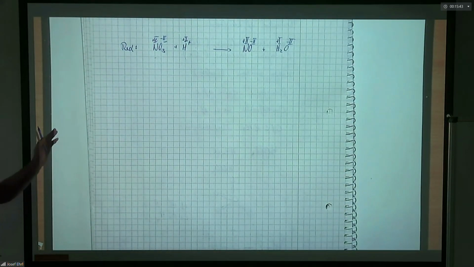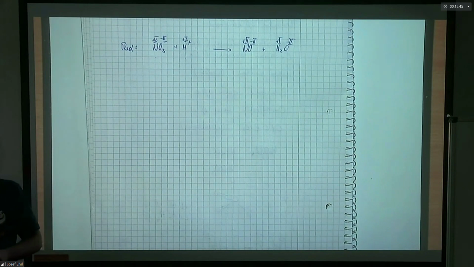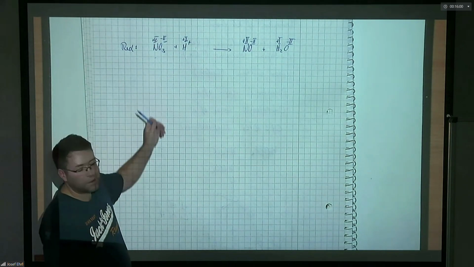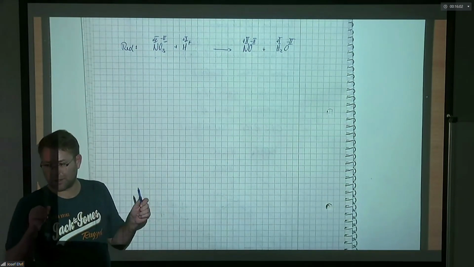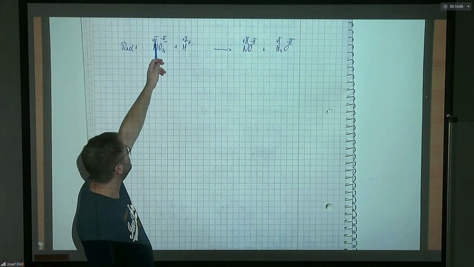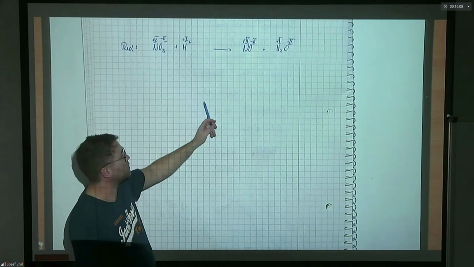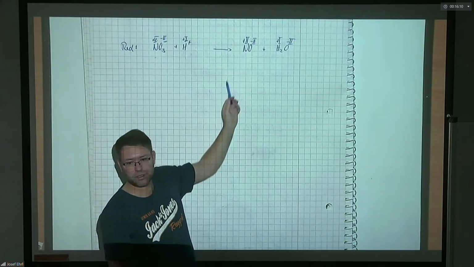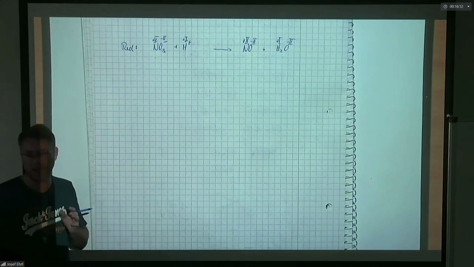So where does something happen and what does happen? Looking at oxidation numbers, nitrogen is reduced. Yeah, let's start from the beginning. Of course, you're right. Nitrogen in nitrate starts with the oxidation number of +5 and ends up with the oxidation number of +2 in nitrogen monoxide.